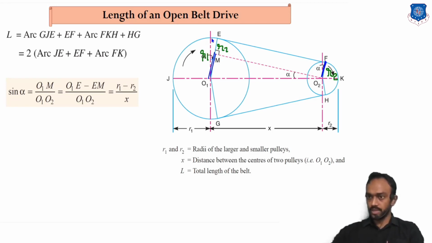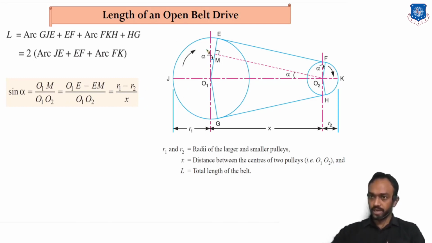So if the total distance is R1, and among that you minus R2, this will be R1 minus R2 by x. Okay, so sine alpha will be R1 minus R2 by x.